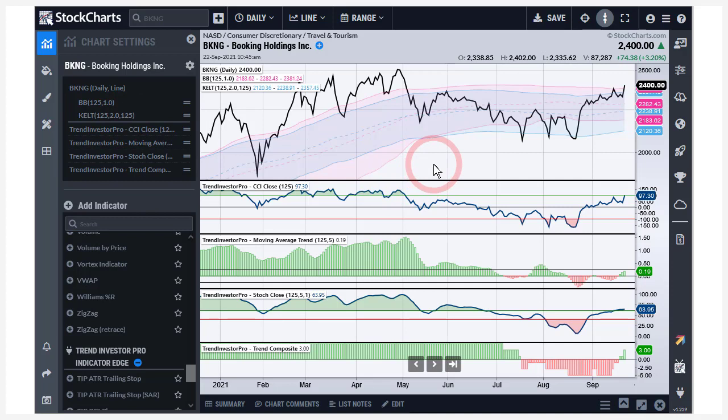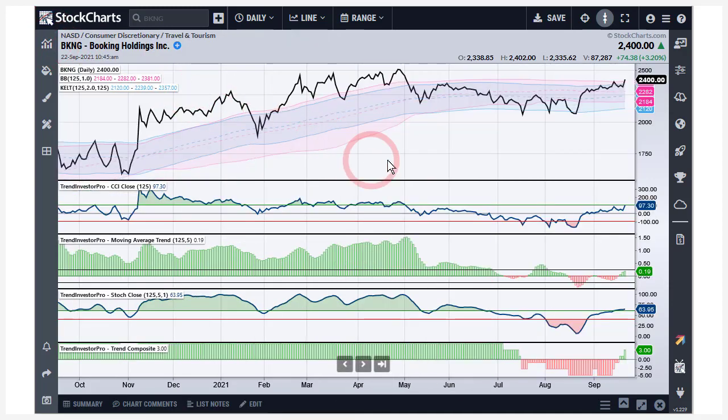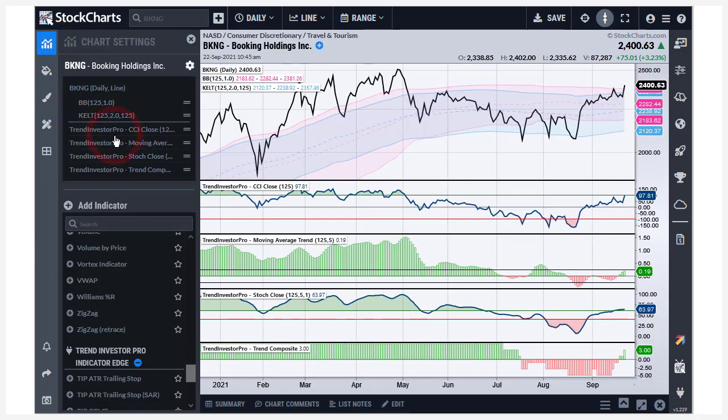But I'm basically targeting a 6-month time range for my trend signals, something in that 4 to 6 month range. So Keltners are light blue, Bollingers are pink or rose, however you want to call it. Then the other indicators are the moving average direction, which is the 5-period rate of change of the 125-day moving average.